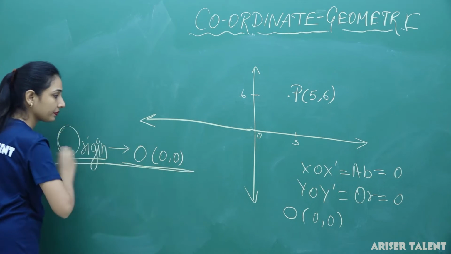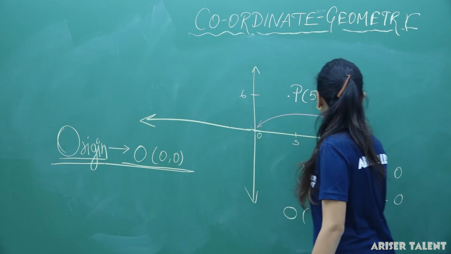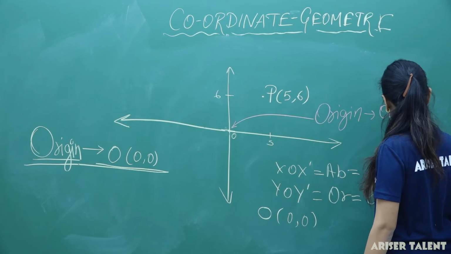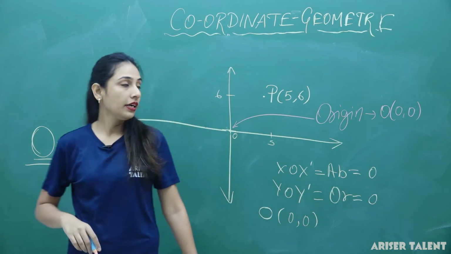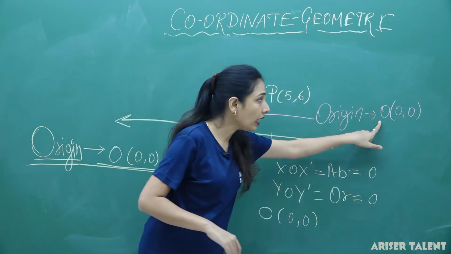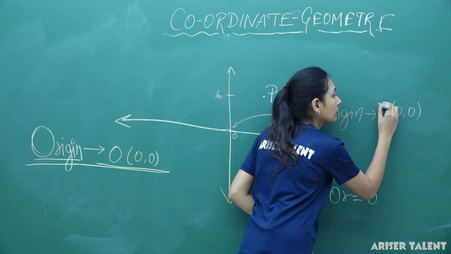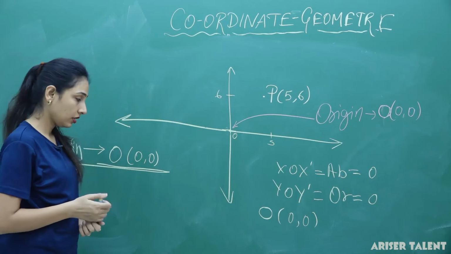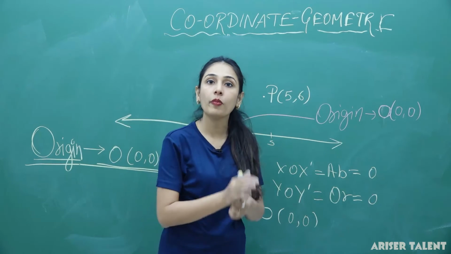This is important. This is our origin, and we can represent it as O (0, 0). Understood? This is O and these two are zeros. So the abscissa and ordinate for the origin are always 0, 0.